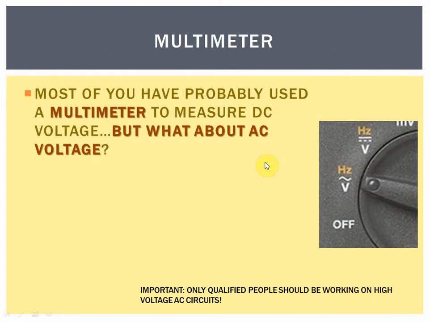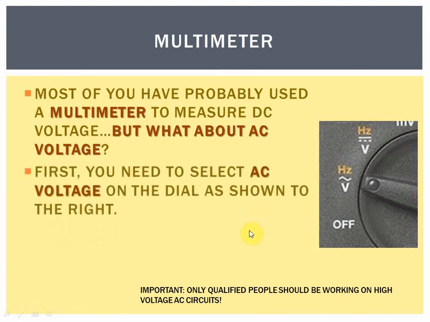Most of you have probably used a multimeter to measure DC voltage, but what about AC voltage? That is represented by this symbol right here. Here's our symbol for DC voltage, and when we want to measure voltage in a DC circuit, this is measuring AC voltage. Well, first, if we want to measure AC voltage, we need to select AC voltage on the dial, as we've shown here to the right.